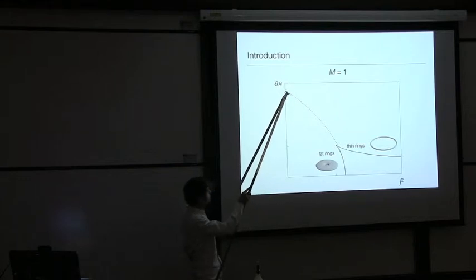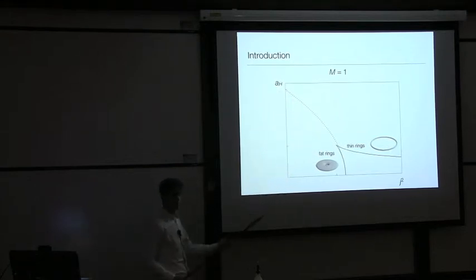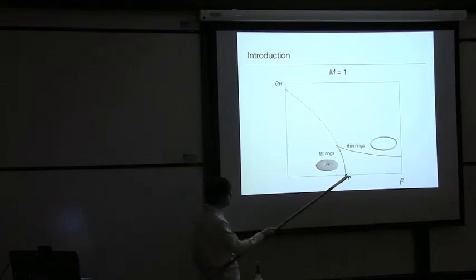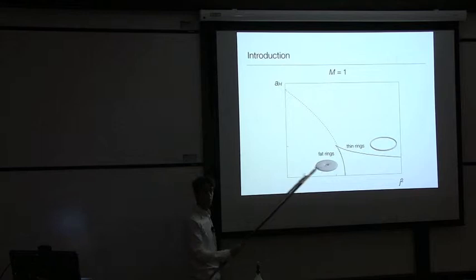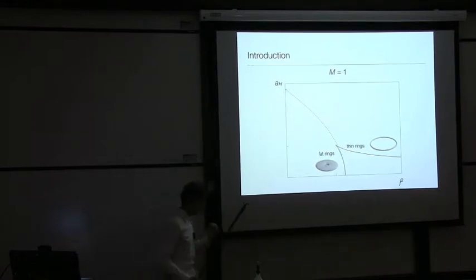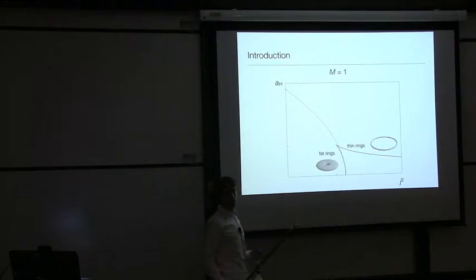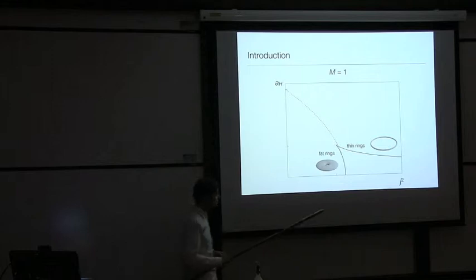So Schwarzschild sits there, and all along this curve you have the generalization of the Kerr solution to 5 dimensions. And this family ends here at an extremal, well, it's not a black hole, that's a singularity. So that's different from the situation in 4 dimensions where the Kerr family of solutions ends at an extremal black hole which has a regular horizon. So that's not true in 5 dimensions.